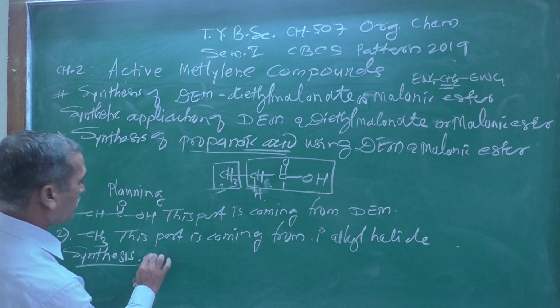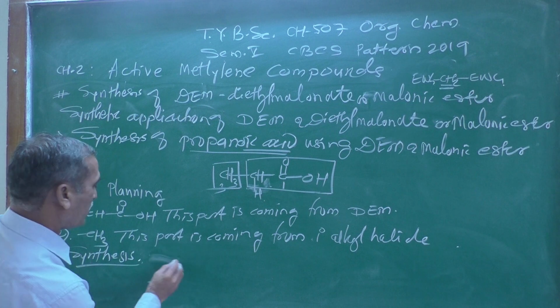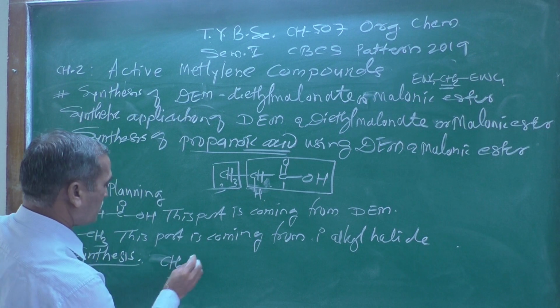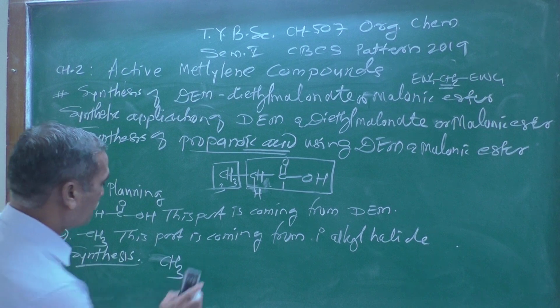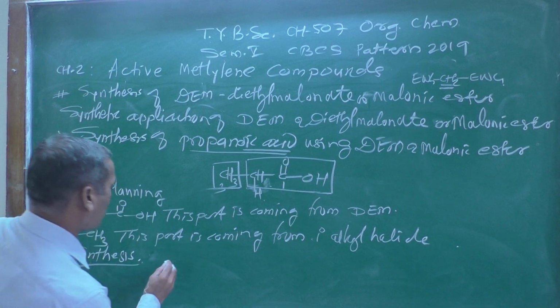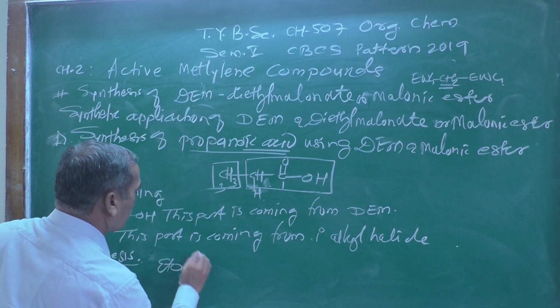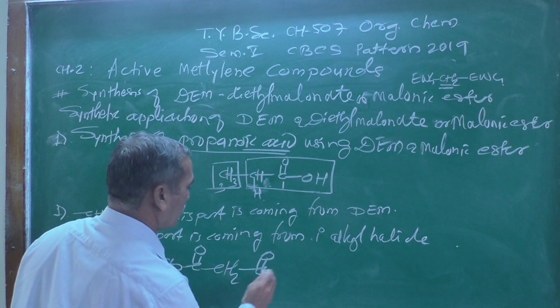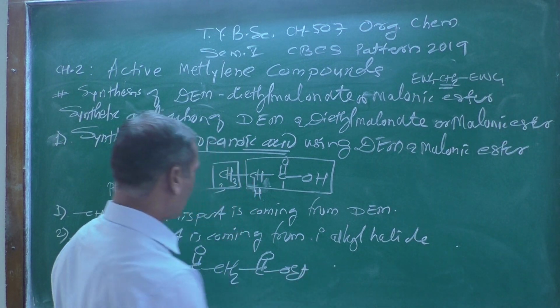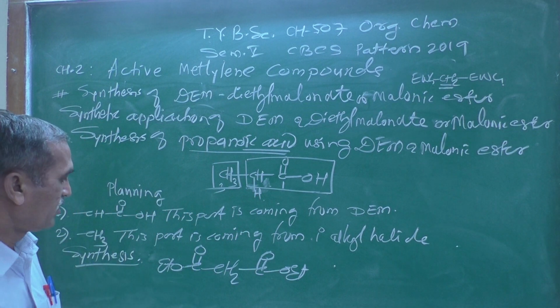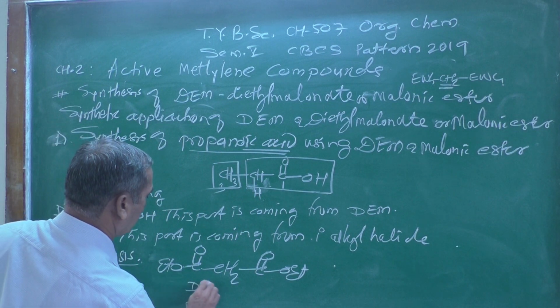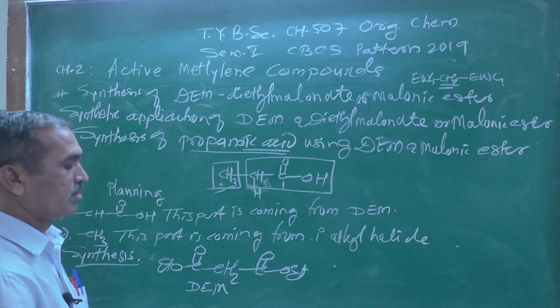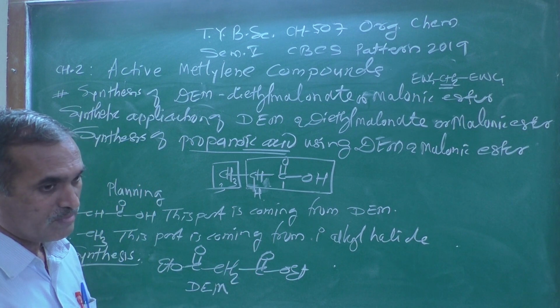See here, diethyl malonate. The structure is EtO, then C double bond O, then CH2, C double bond O, OEt. This is the structure of DEM, we can call it diethyl malonate or malonic ester.